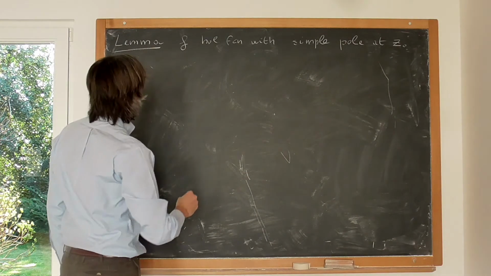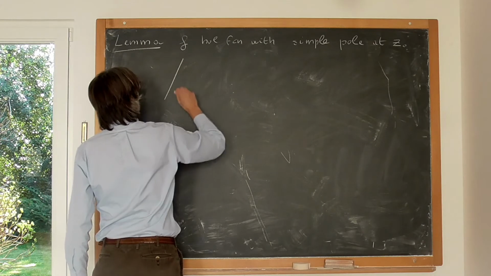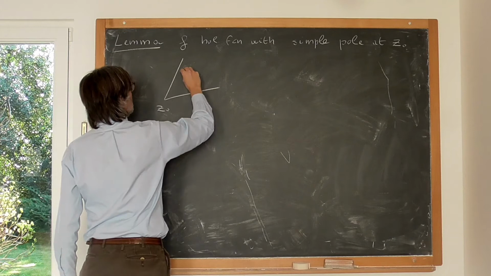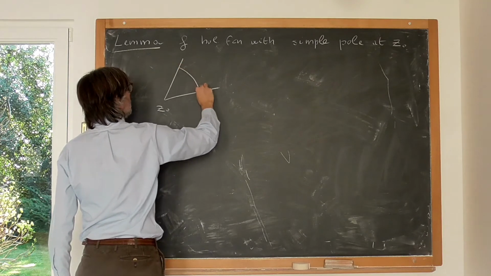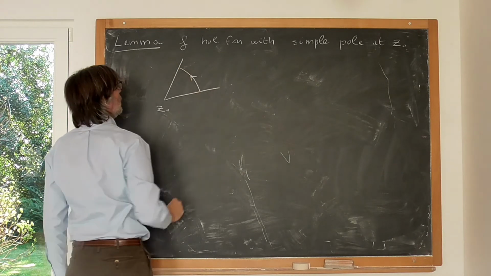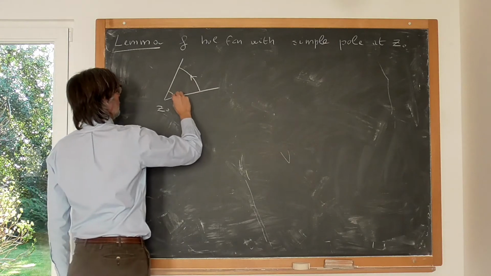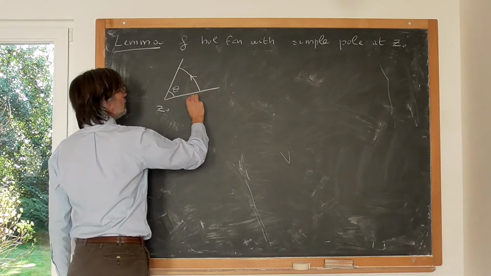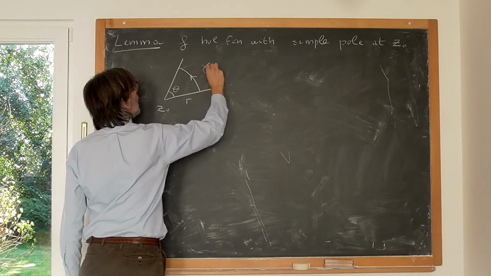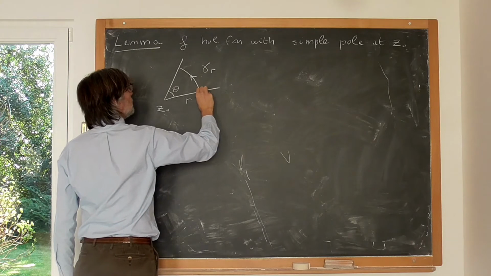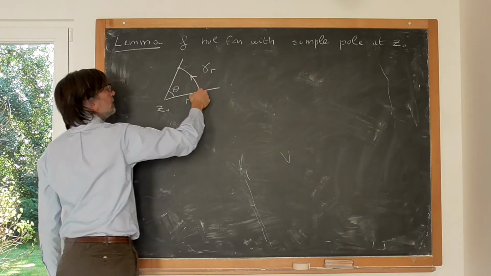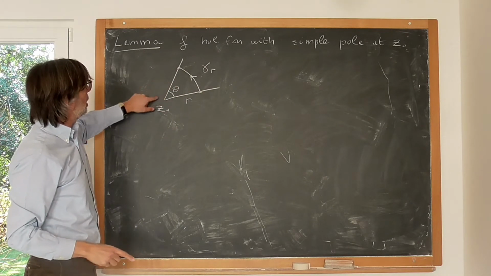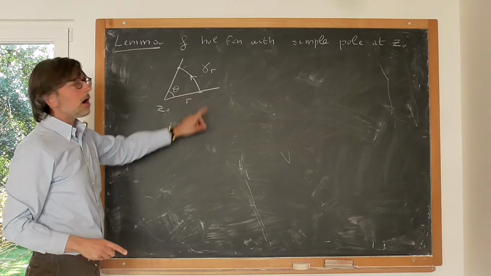And then we want to integrate over a circle, so this is z0, and we consider an arc of a circle corresponding to some angle theta, and the radius is r. So gamma r is this path. It spans an angle theta, and the radius is r.